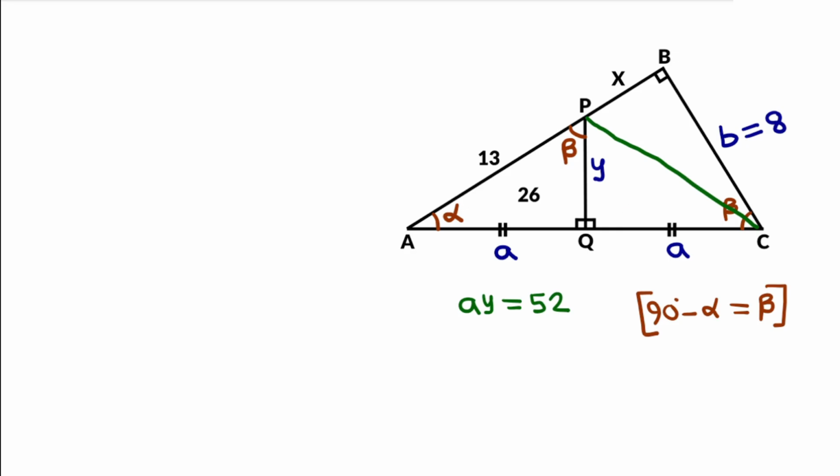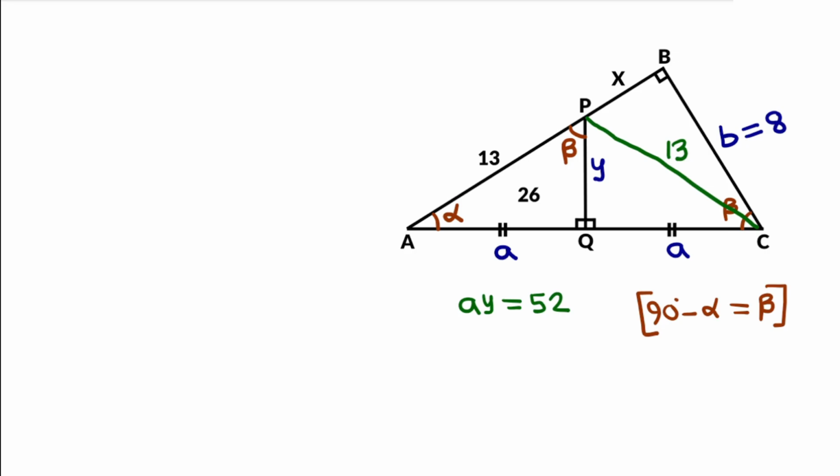Both have a base of length A, a shared height Y, and a right angle at Q. They are congruent, which means their hypotenuses must also be equal. Since AP is 13, CP must also be 13.